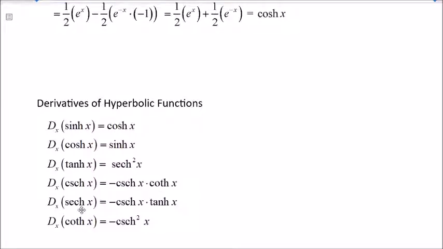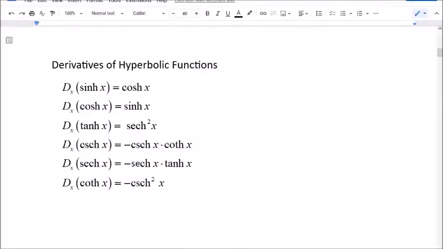The derivative of hyperbolic secant is negative hyperbolic secant times hyperbolic tangent. And the derivative of hyperbolic cotangent is negative hyperbolic cosecant squared.